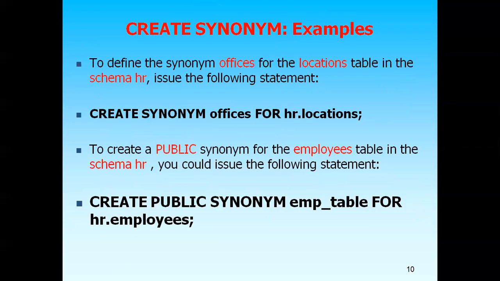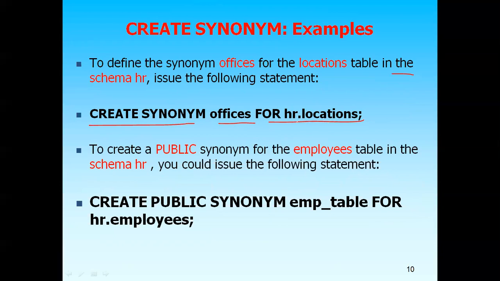So here is this example. To define the synonym offices for the locations table in the schema HR, we can use this statement: create synonym offices for HR dot locations, right? So offices is the name given by the DBA to which table, that is HR dot locations.